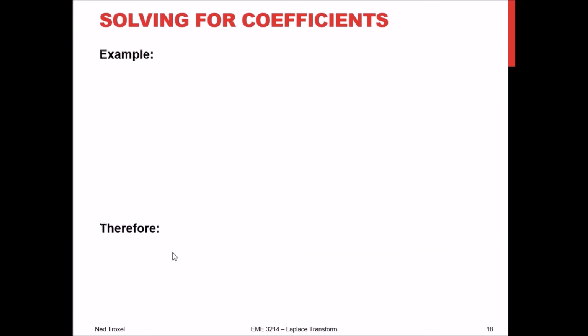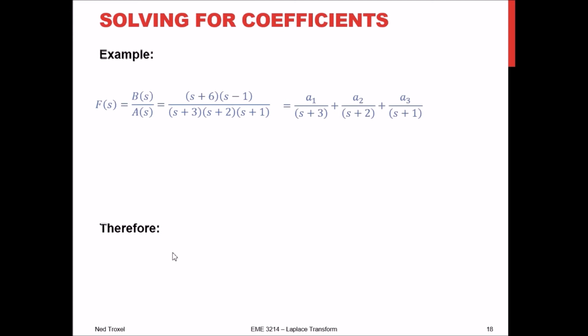Let's do an example of solving for these coefficients with partial fraction expansion. Suppose my function in the Laplace domain is F of s, and I've been able to write that as b of s divided by a of s. Okay, so I've been able to factor my numerator into s plus 6 and s minus 1, and my denominator into s plus 3, s plus 2 times s plus 1.